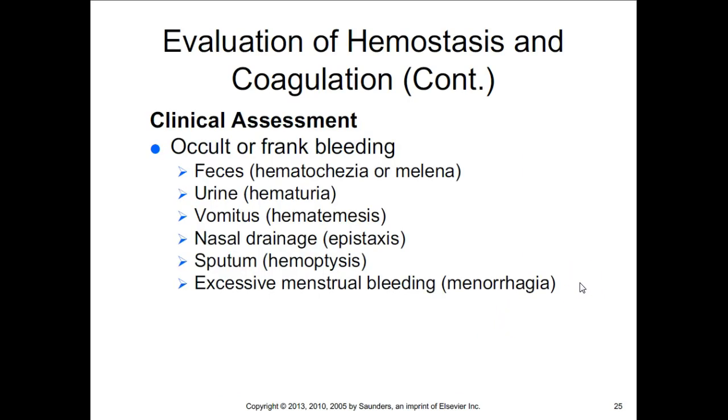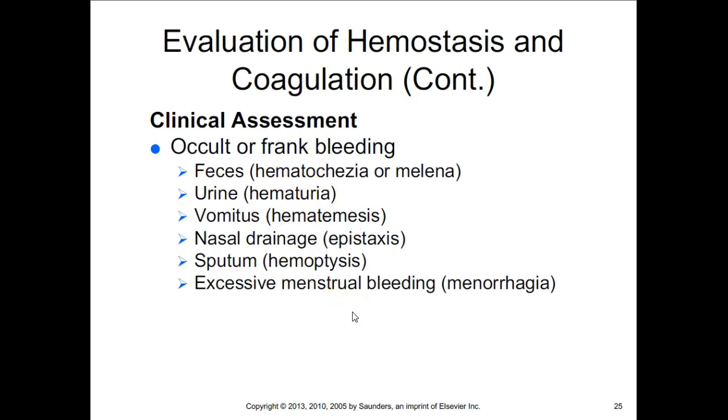And then other things, nasal drainage, or even hemoptysis, or bleeding through the nose, right? And excessive menstrual bleeding. These are other things that could come up, even in history, or hematuria, hematemesis, right? And then even the fecal matter.